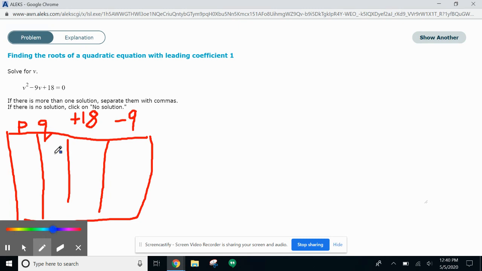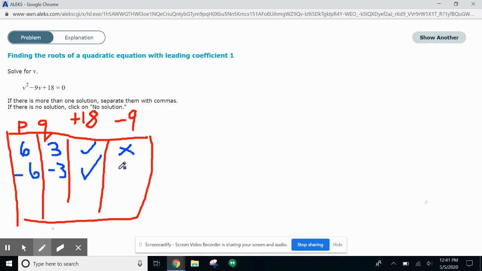So let's see, I know that 6 and 3 multiply to positive 18, but they do not add to negative 9. Let me try if they're both negative. I think that will make it work. Negative 6 and negative 3. All right, good. So now I have my two terms here in the middle.